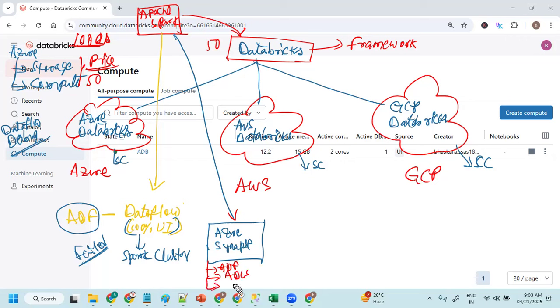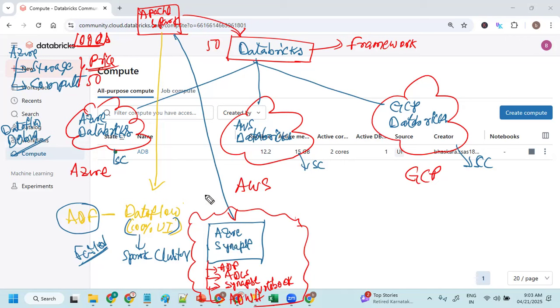This product is having Synapse notebooks, like your Databricks. And this product is having Azure Data Warehouse, ADWH. So they brought all together into one umbrella, and they named it as Azure Synapse Workspace.